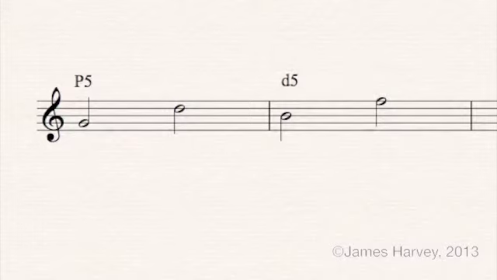Usually when I'm referring to the smaller intervals, diminished and minor, I use lowercase. And for the uppercase, those refer to major, augmented, and perfect, although perfect's kind of right in the middle. You may also see a degree symbol, just like at the end of a temperature reading, which refers to diminished.